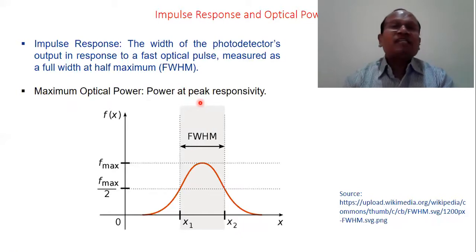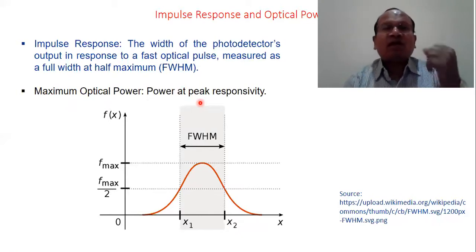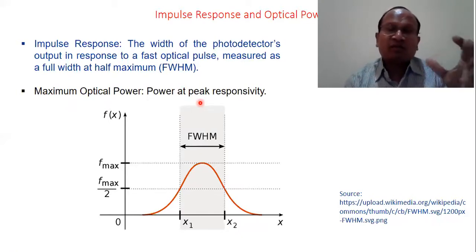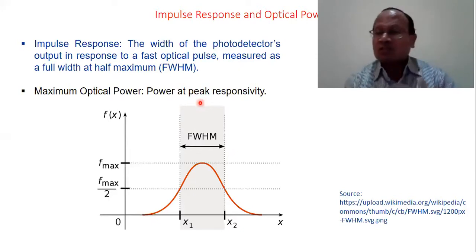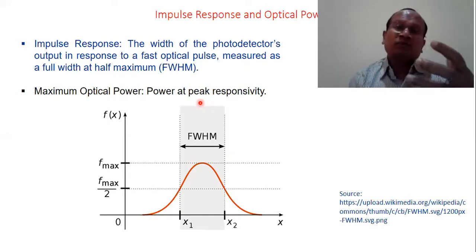When the responsivity is maximum, that value of power is the maximum optical power. Beyond that you cannot go, because responsivity means the ability to respond at the optimum value.